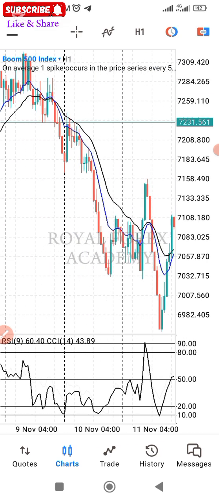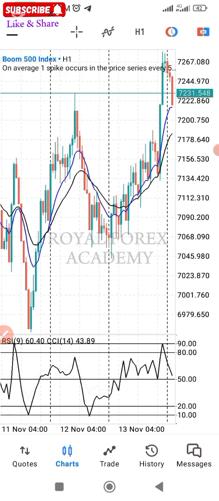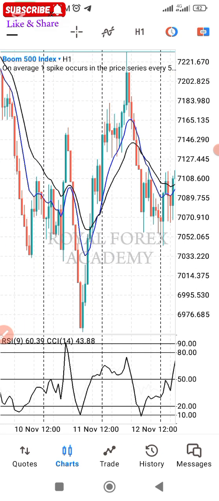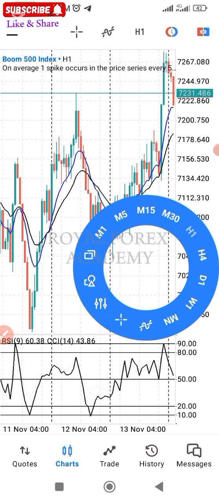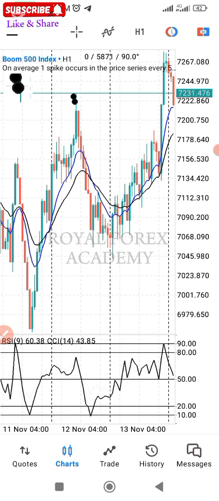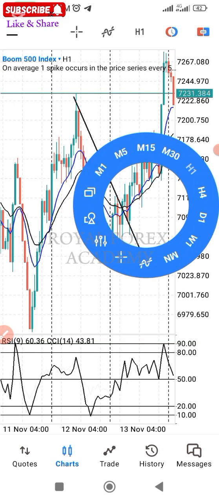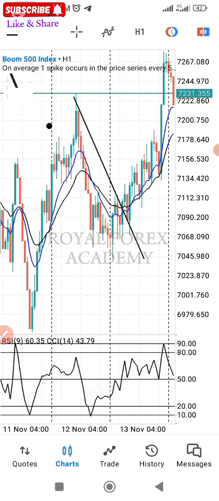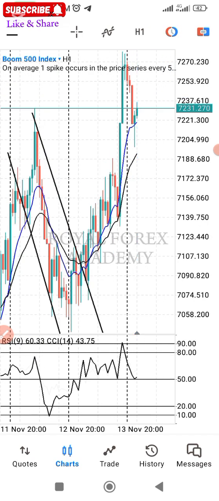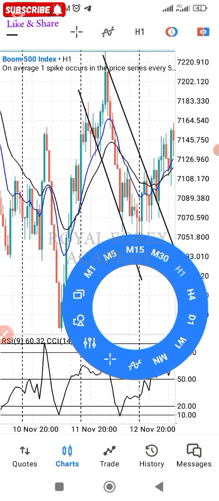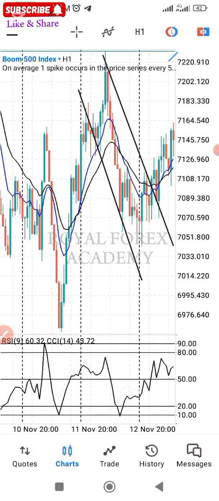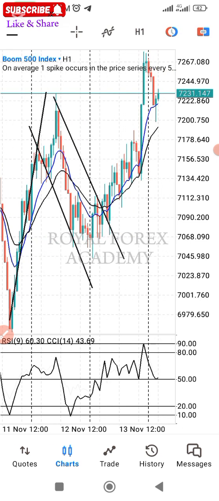And of course, here now price is bullish, and here we have a bullish flag pattern. Here is a bullish flag pattern. Can you see that? So if I connect the flag, this is how it will look like. You can see how perfect it looks.